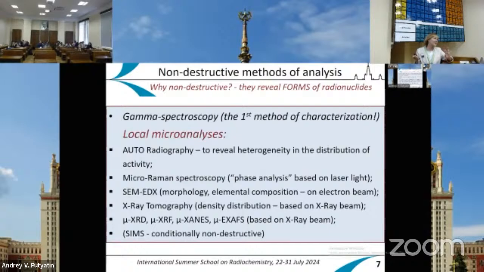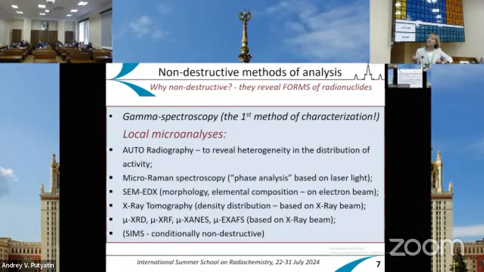It is like phase analysis based on laser light. Then scanning electron microscopy with energy dispersive X-ray spectroscopy, which can reveal morphology, elemental composition, and phase analysis based on electron beam. X-ray tomography, which could show us density distribution in 3D in the volume of the sample.